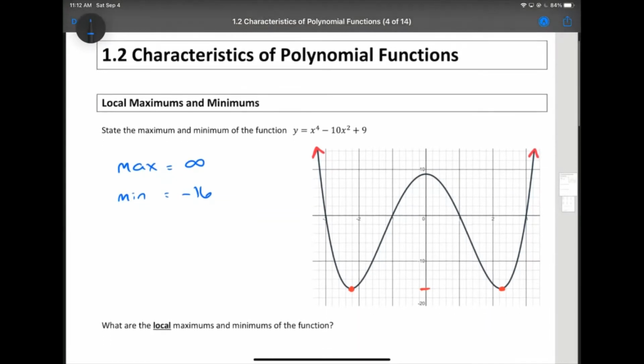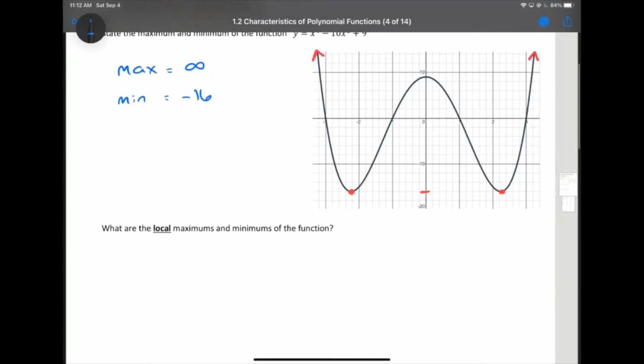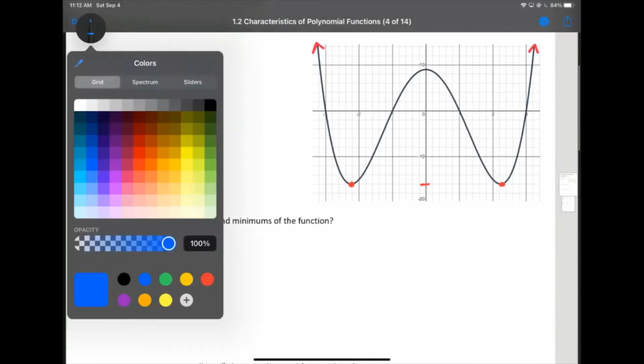Now, the part that might be a little bit new to you is this idea of local maximums and minimums. It's basically not the extreme or total maximum for the entire function, but where they occur on short intervals. So I'm going to try and keep that graph on the screen as long as I can.